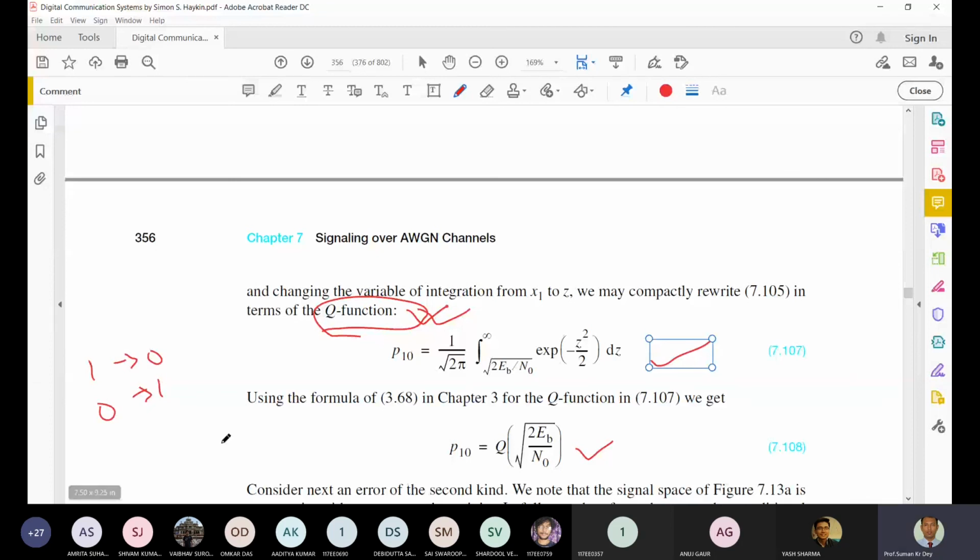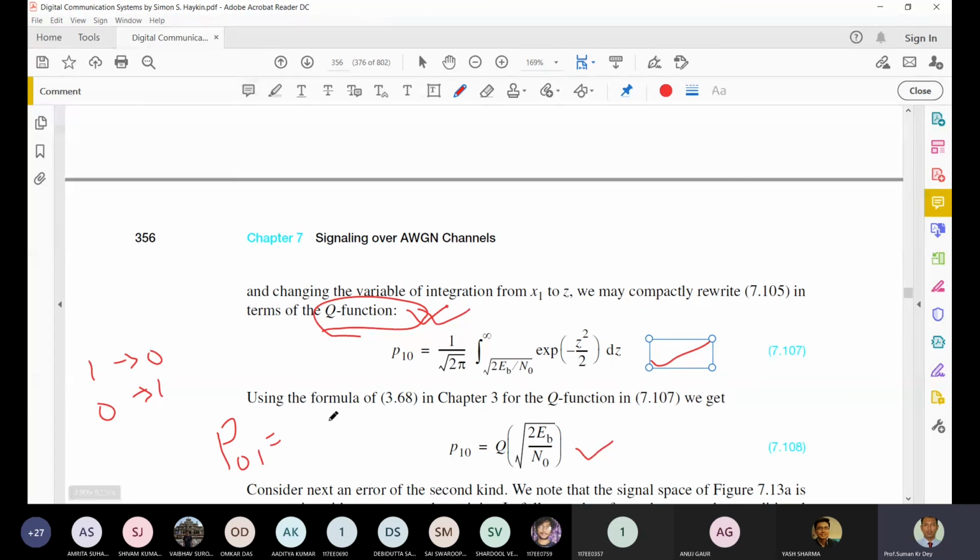That means if we want to calculate P01, we need to consider both probabilities. First, when we are sending 0 and receiving 1, this is the conditional probability, and second, when we are sending 1 and receiving 0.